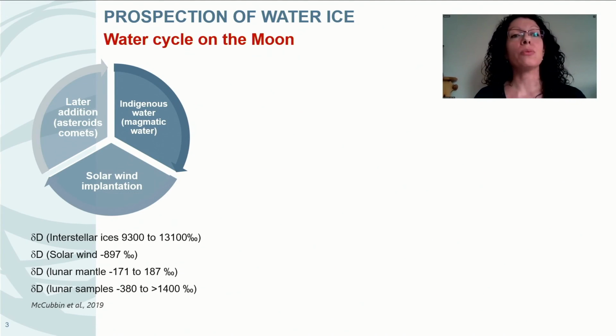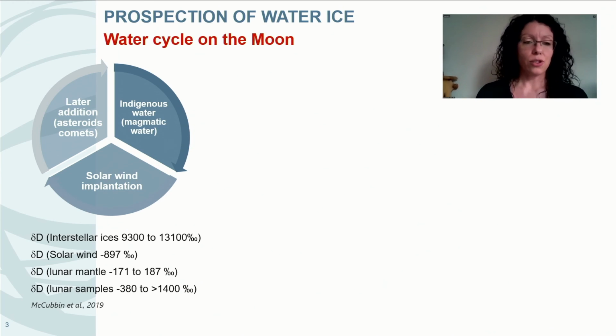So the water cycle on the moon is poorly understood, and the origin of the lunar water is also poorly understood. So lunar water can be indigenous water, later addition water that comes from asteroids, comets, or water created by solar wind implantation. And depending on the origin of this lunar water, the hydrogen isotope signature will be very different.